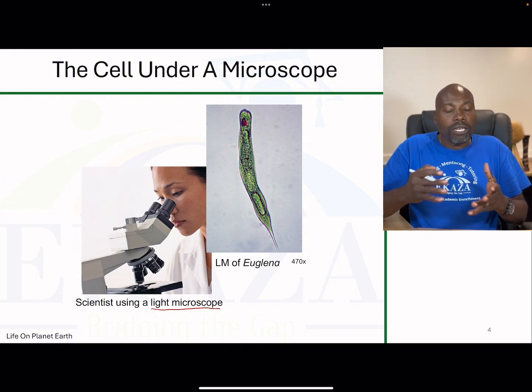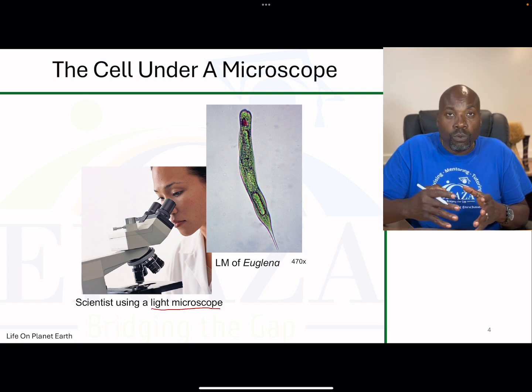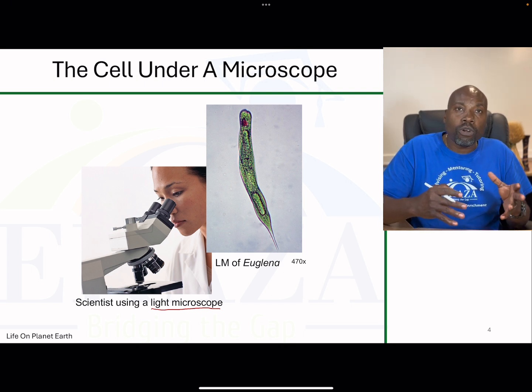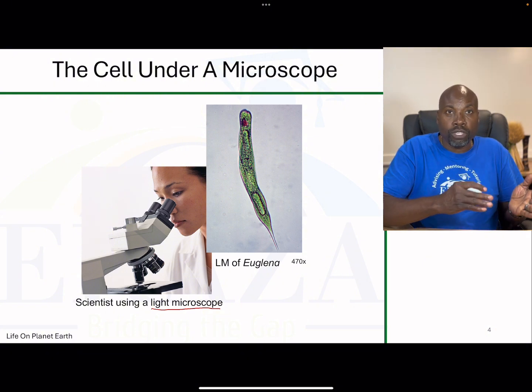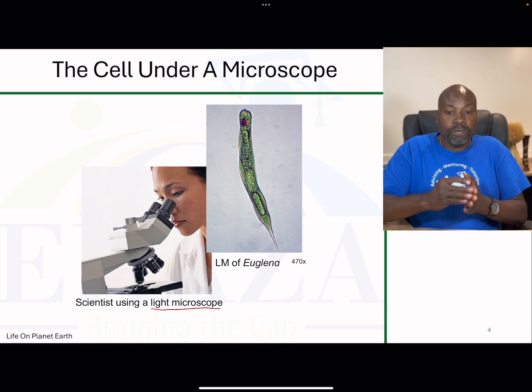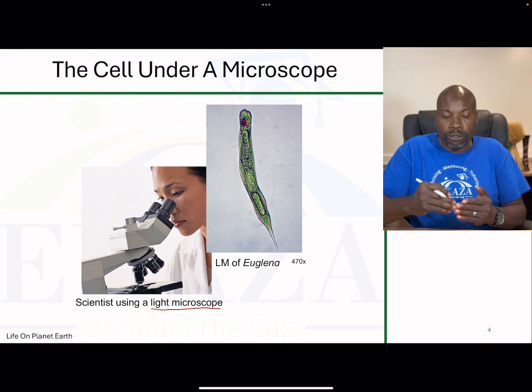However, you are not going to see them with the level of details that you would see with an electron microscope. And by the way, an electron microscope uses an electron beam to be able to observe cells, objects, while a light microscope uses a light source to be able to observe organisms or cells.